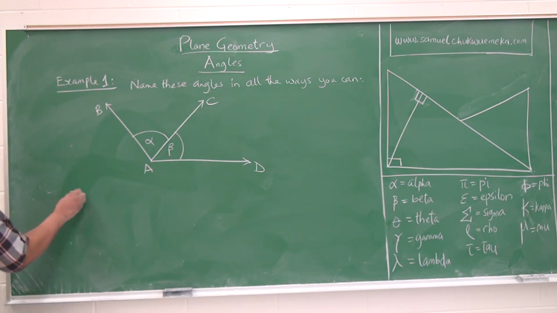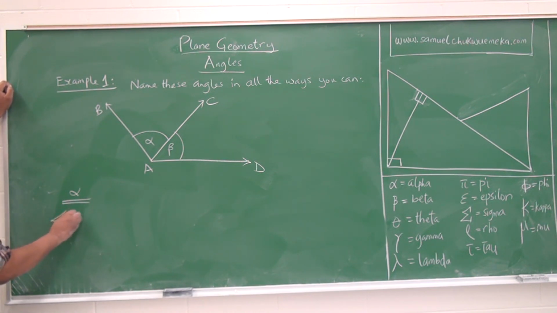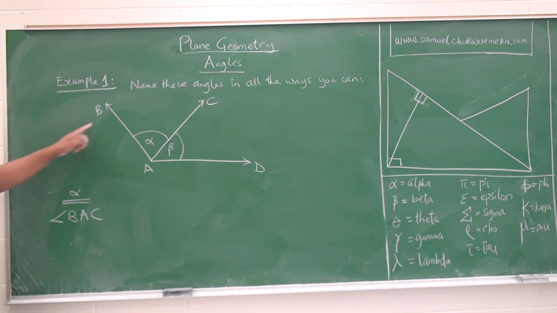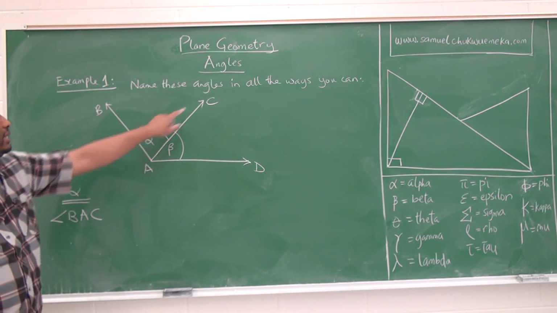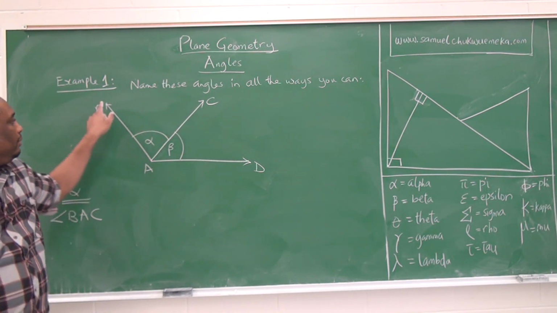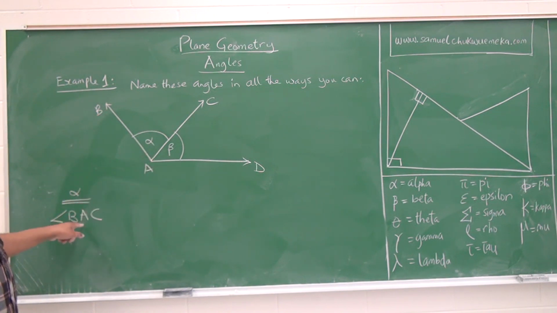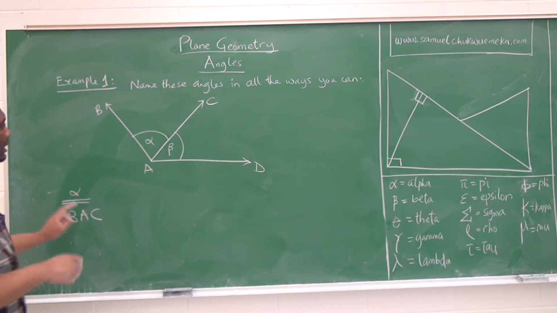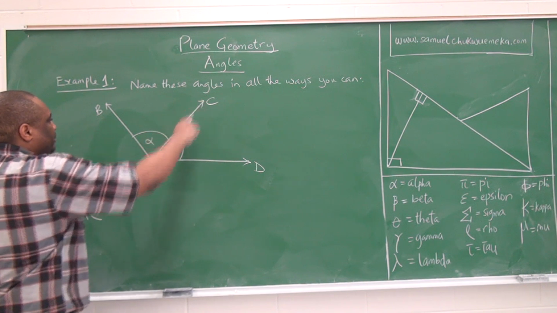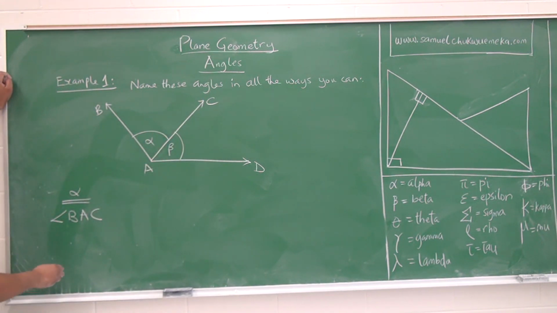Okay, alpha, you can call it angle alpha. You can call it what? Angle BAC. You see, this is BAC. Remember, this angle is in the middle, like I said initially. You can say it is what? CAB. You see that?